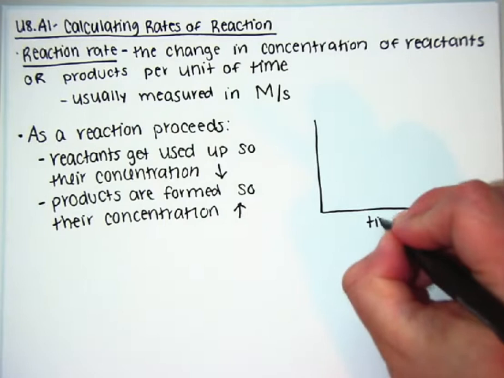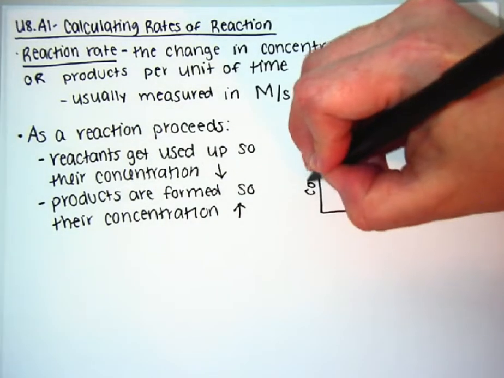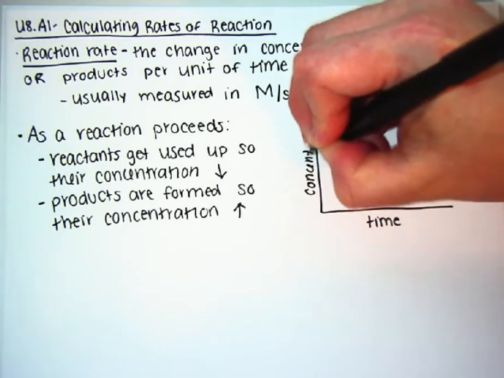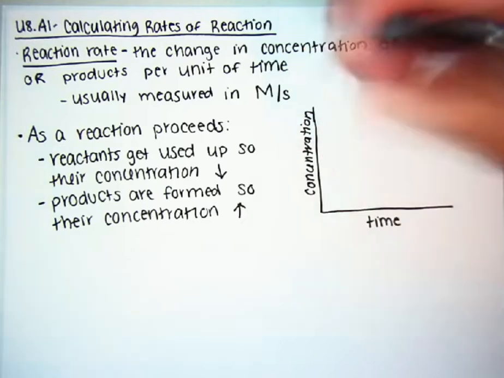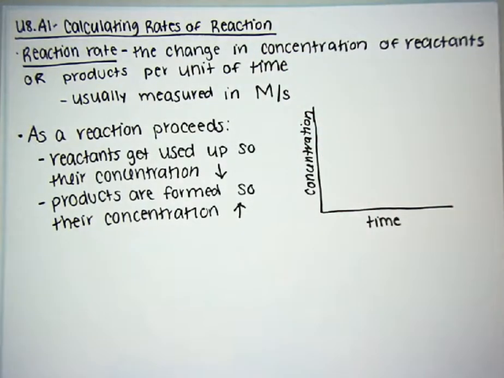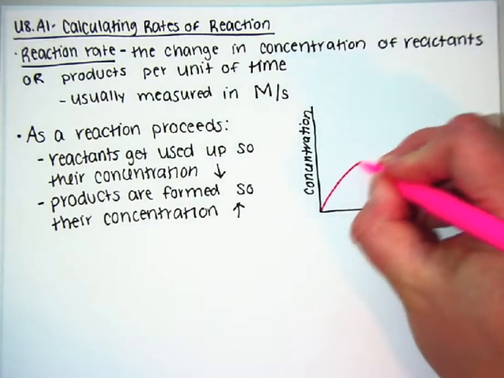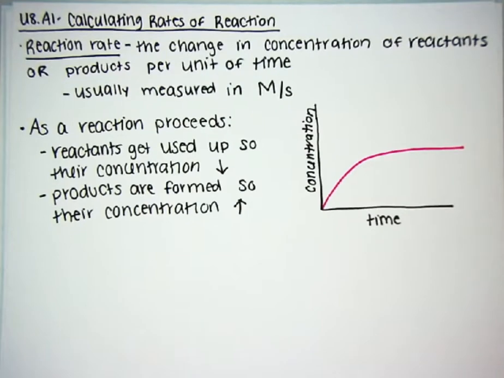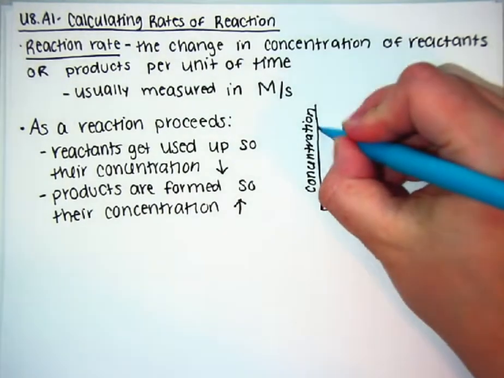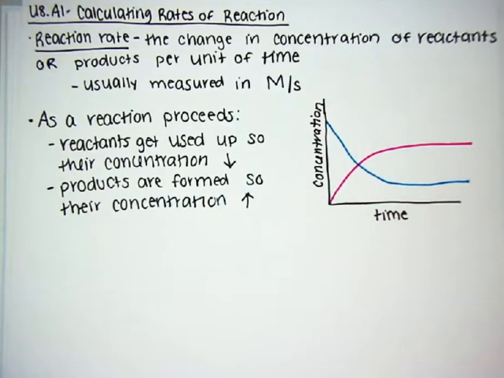Let's look at a quick graph. Alright, so let's say we recorded concentration over time. One of my curves looked like this. The other one looks like this. We'll talk about why they level out in a later lecture.